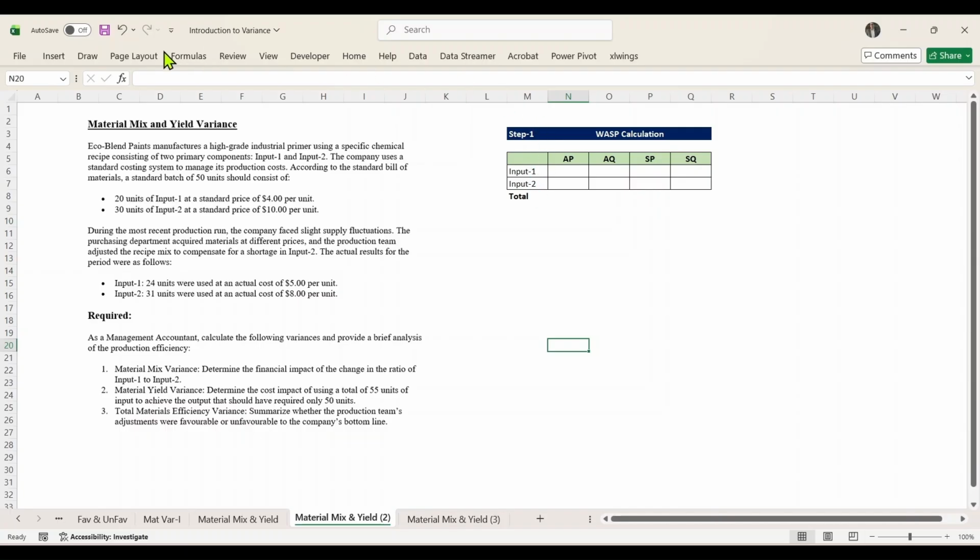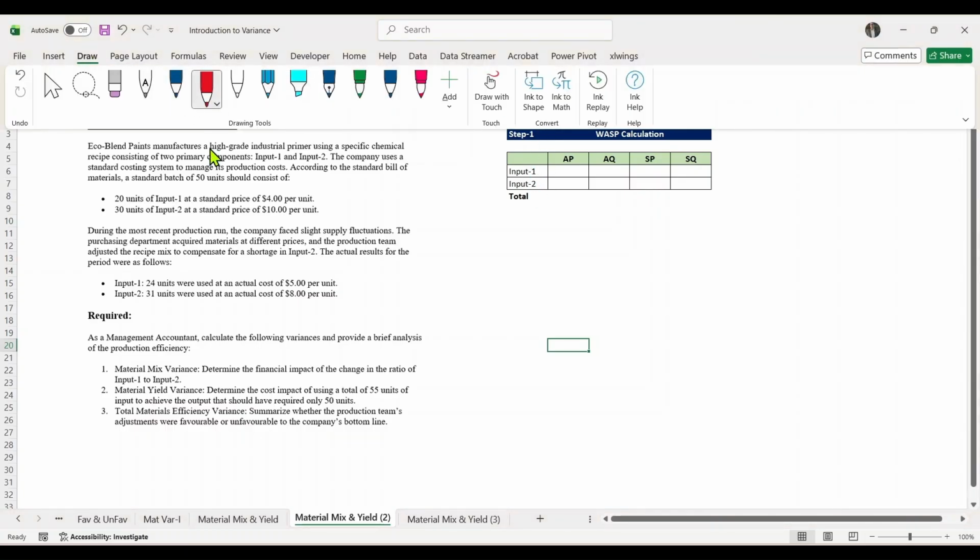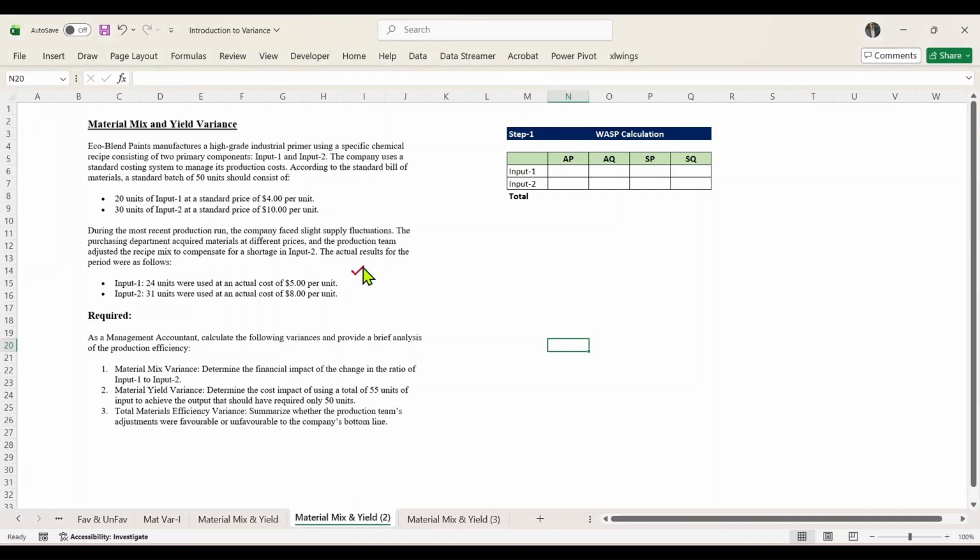So first let's put the input from here. So actual price is here. This part is the actual price is 5 for input 1 and 8 for input 2. So we'll write down 5 here and 8 here.